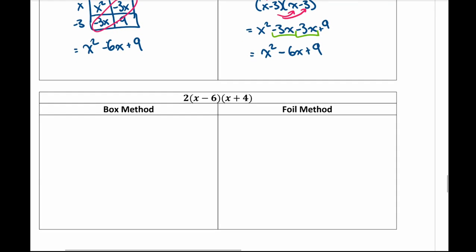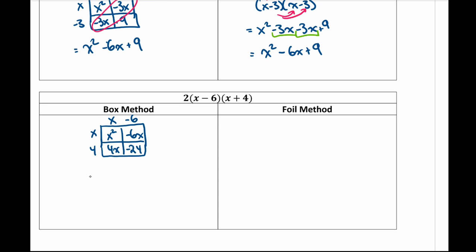For the last example, we do see our two brackets, but there's one extra step. And so we will take that into consideration. So I'm going to use the box method first to multiply my two brackets together. So x minus 6 and x plus 4. X times x is x squared, negative 6x, 4x, and negative 24.